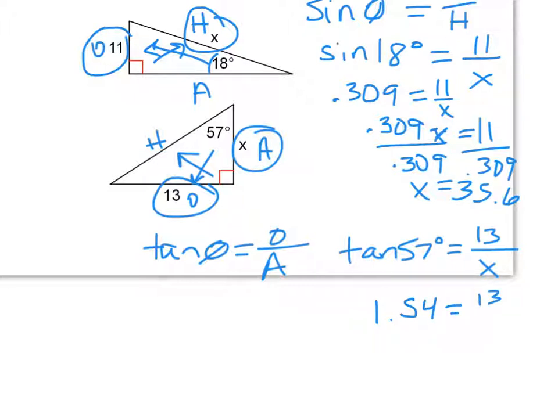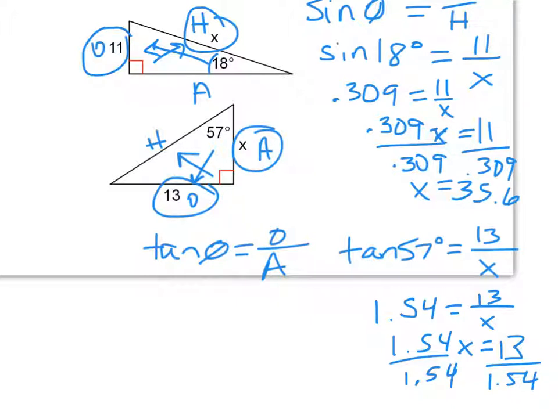equals 13 over x. How do I get x out of the bottom? We're multiplying both sides by x, so 1.54x equals 13. And then we'll divide by 1.54 on both sides. Sorry, that was so sloppy. 13 divided by 1.54.